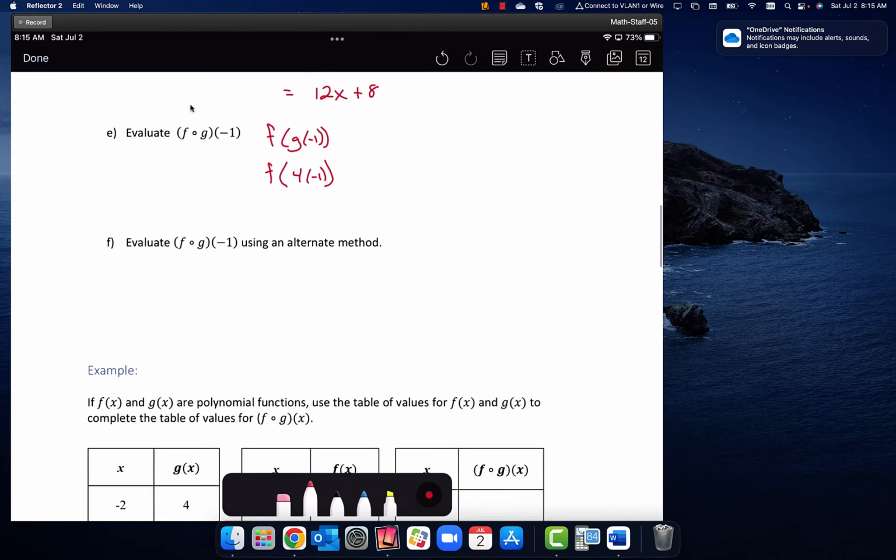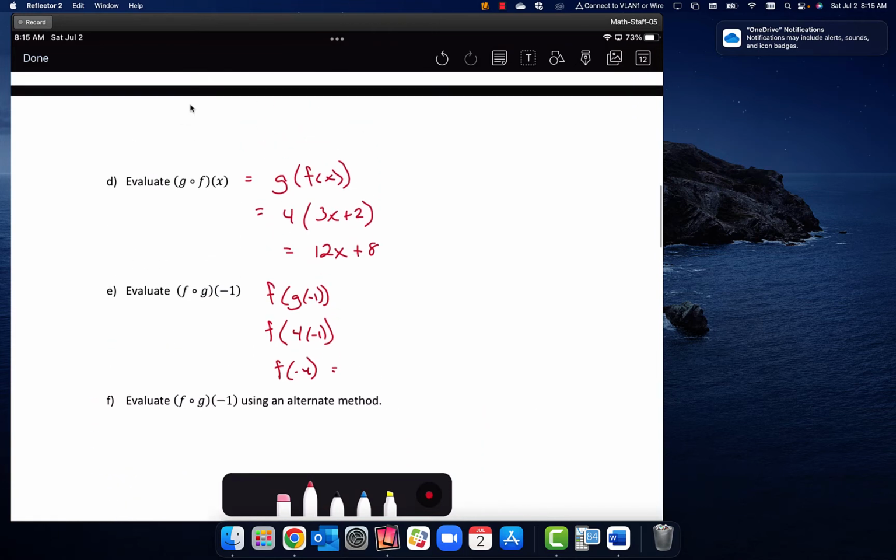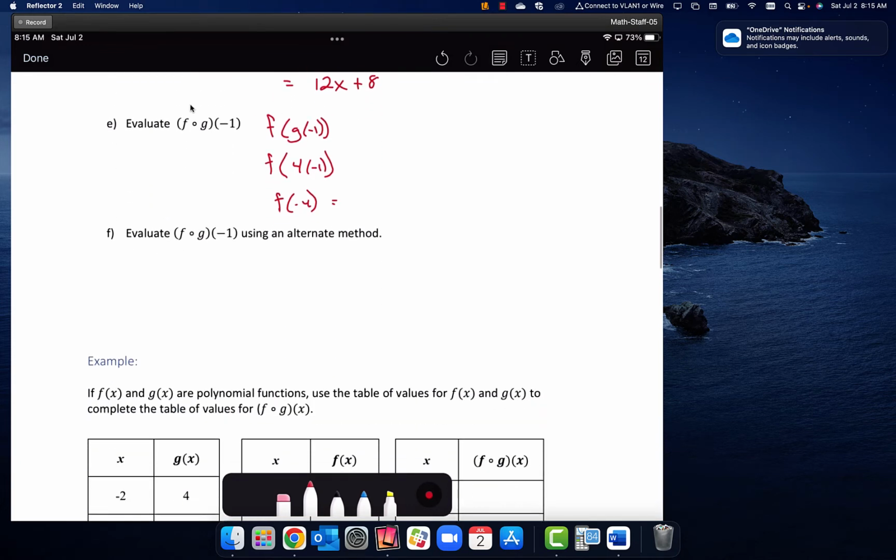So we have f of -4 now, and now we can evaluate the f function at -4. And remember, the f function is 3x plus 2. So we replace the x with -4 and add 2. We get -12 plus 2 is -10.